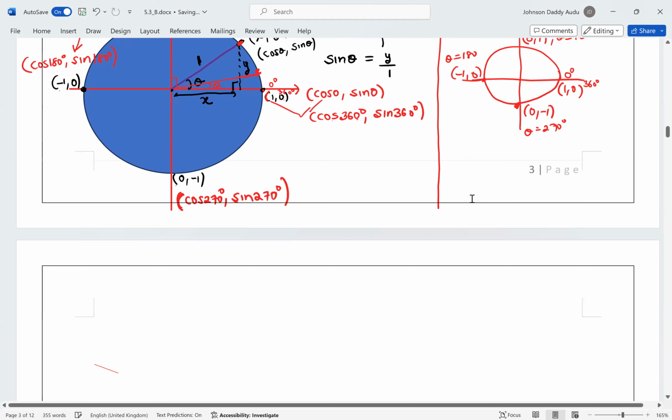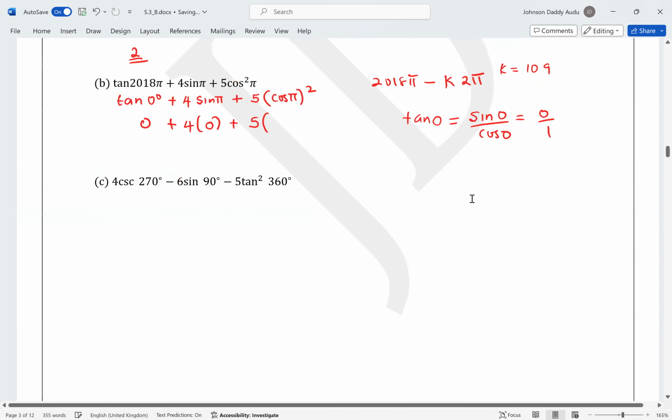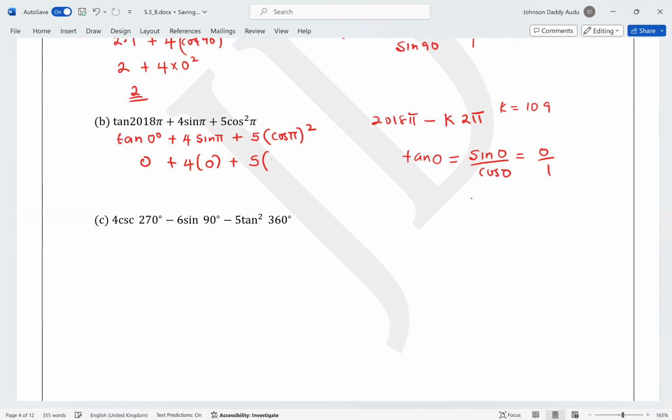All right, so here we will have minus 1 whole squared. Everything says it's going to be 0, so we just have 0 plus 0 plus 5, which is 5.